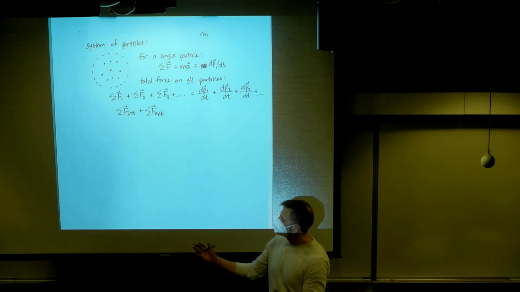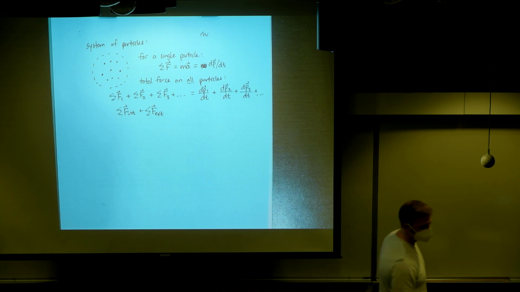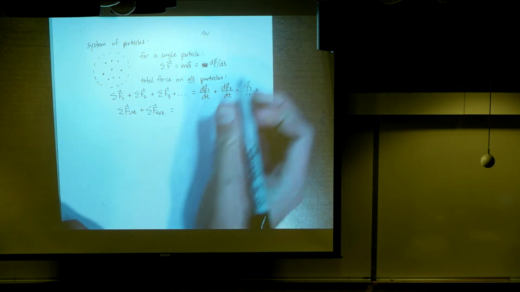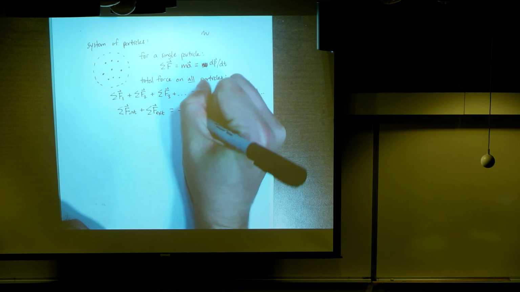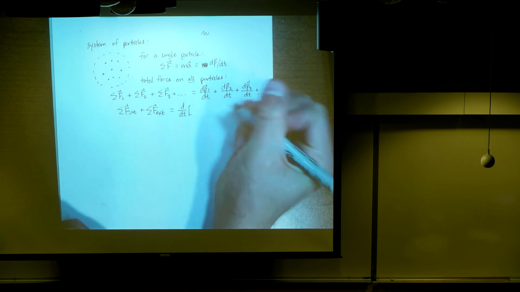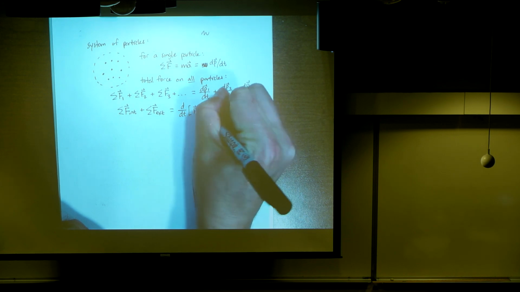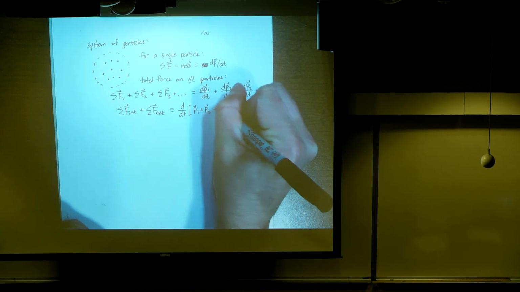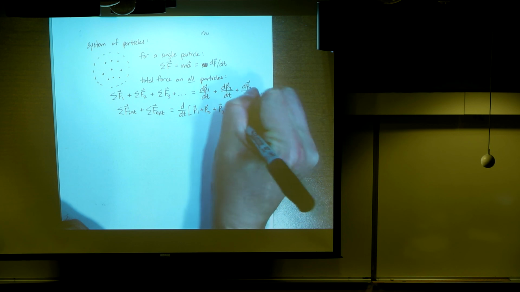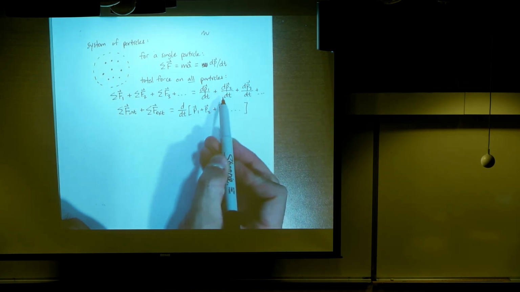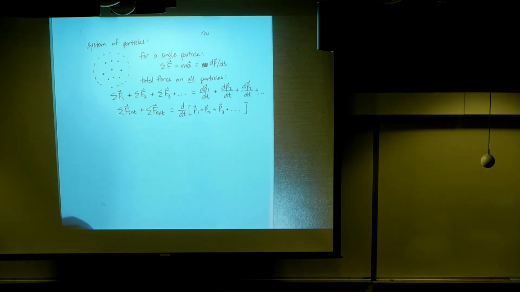So we're just broadly lumping things into these two categories. Okay, on the other side of the equation, what do we have? We have the derivative with respect to time of P1 plus P2 plus P3 and so on, right? Basically, I can pull out the time derivative operation from the sum of all these momentum vectors, okay?